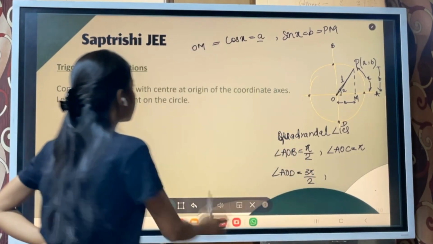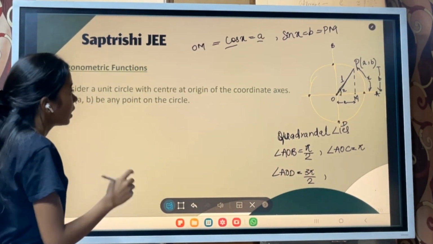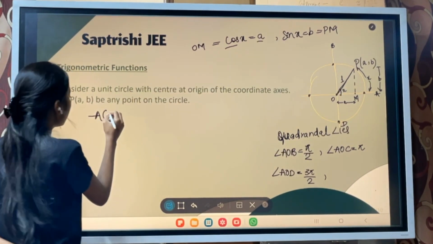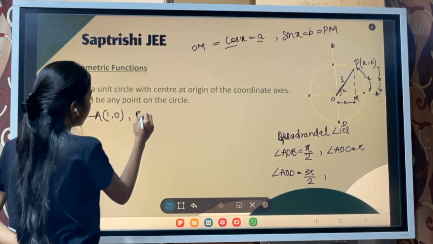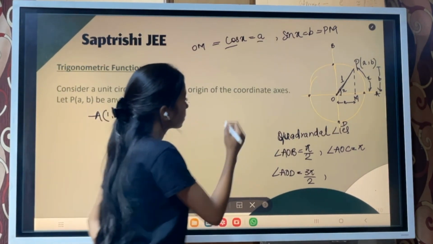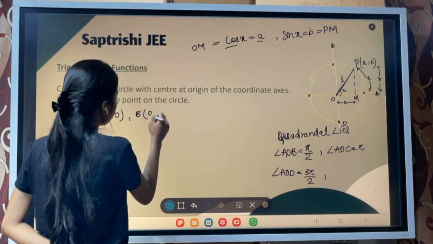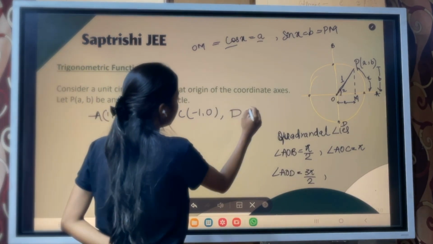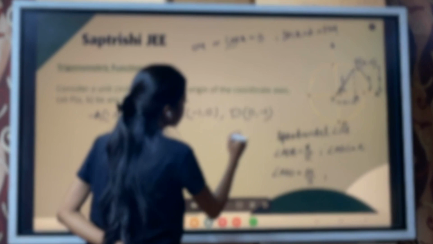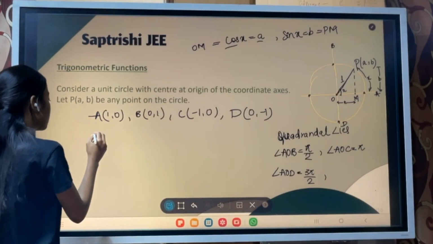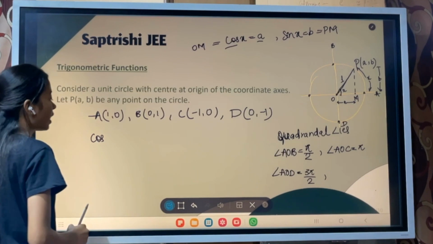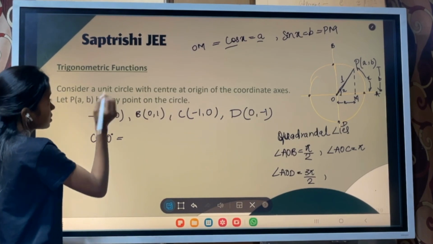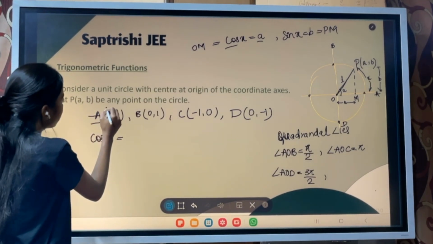Okay, so let's deal now with cos. The coordinates of point A are 1, 0. Point B, for the unit circle, is 0, 1. Point C is -1, 0, and point D is 0, -1.